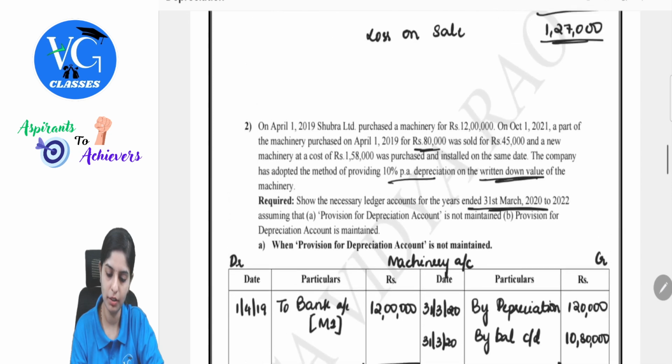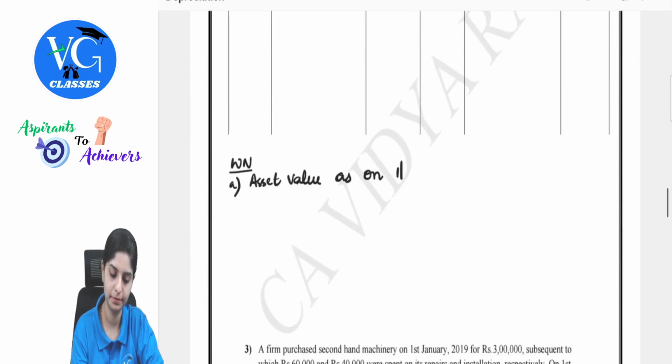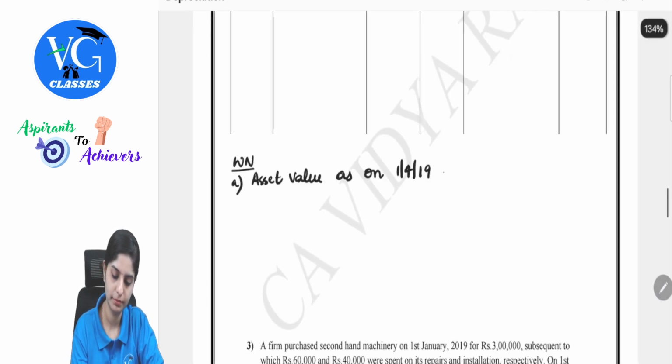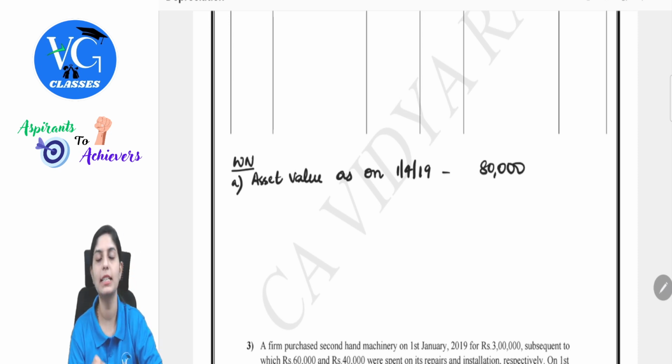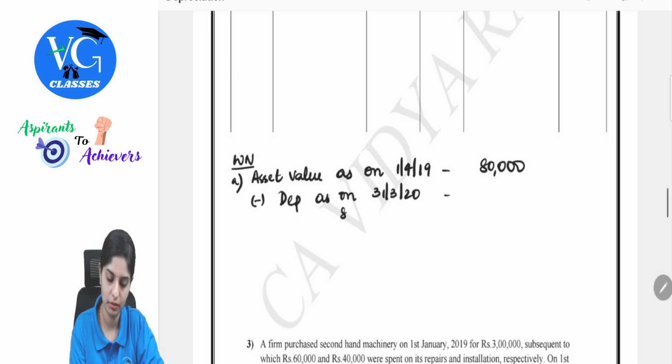That was given on 1st April 2019. Now this asset is getting sold in the year 21. So first of all, we have to calculate depreciation until that date. Minus depreciation, so this will be 72,000.